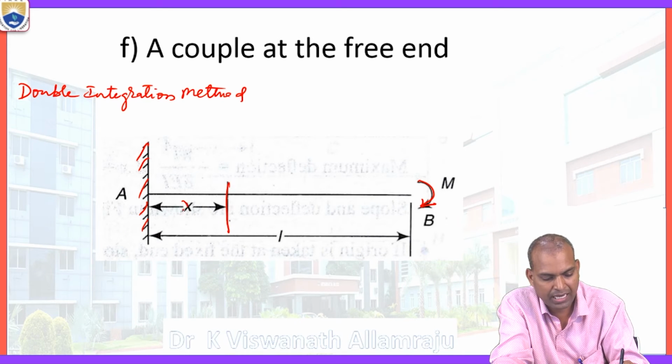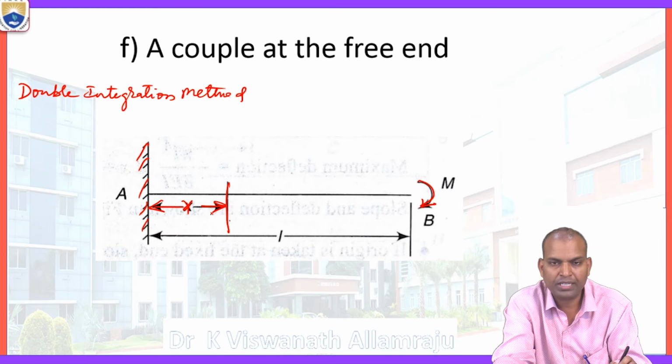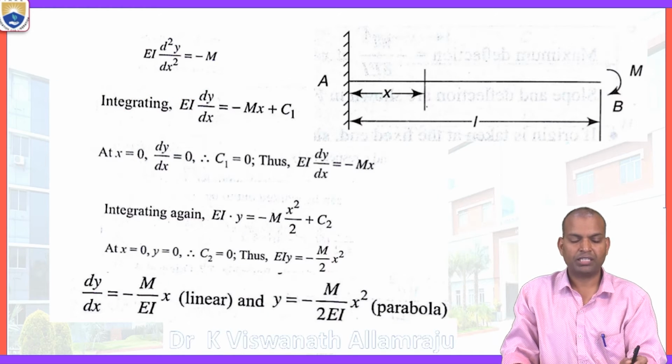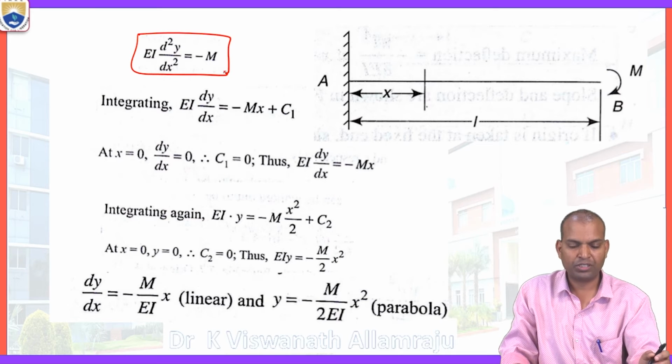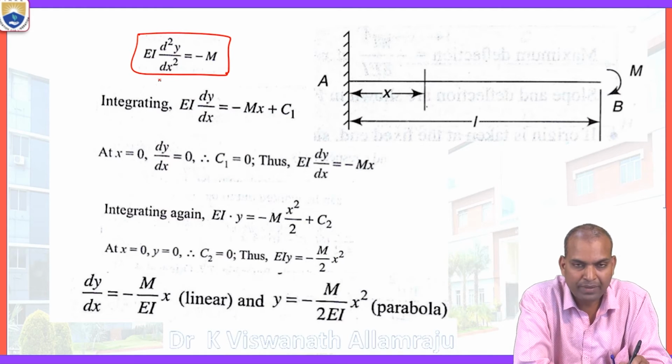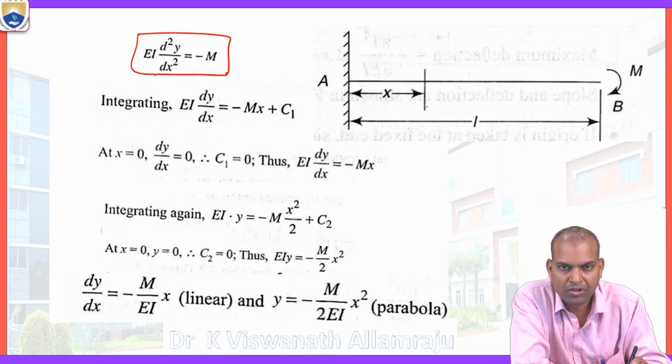Consider the distance x. The origin is point A, the fixed support. Write down the bending moment equation: EI d square y by dx square equals minus M. Integrating this equation, EI dy by dx equals minus Mx plus C1.